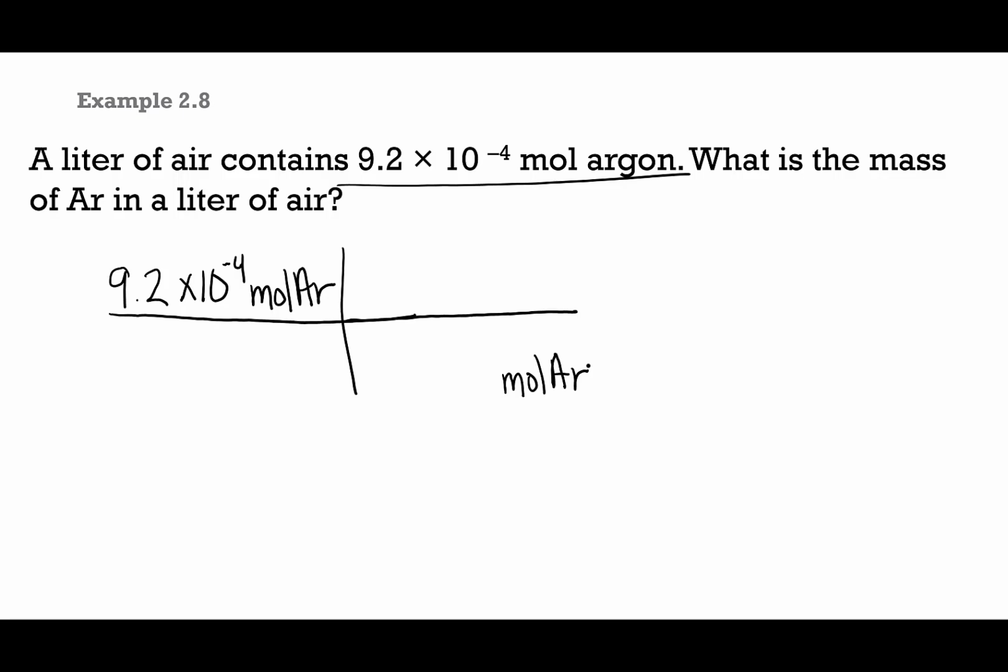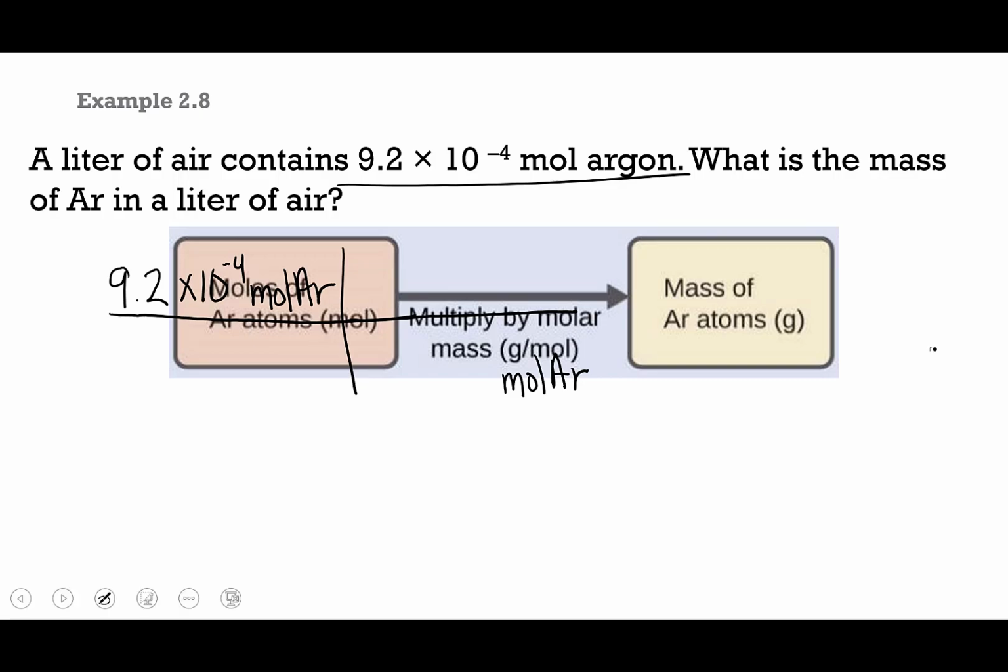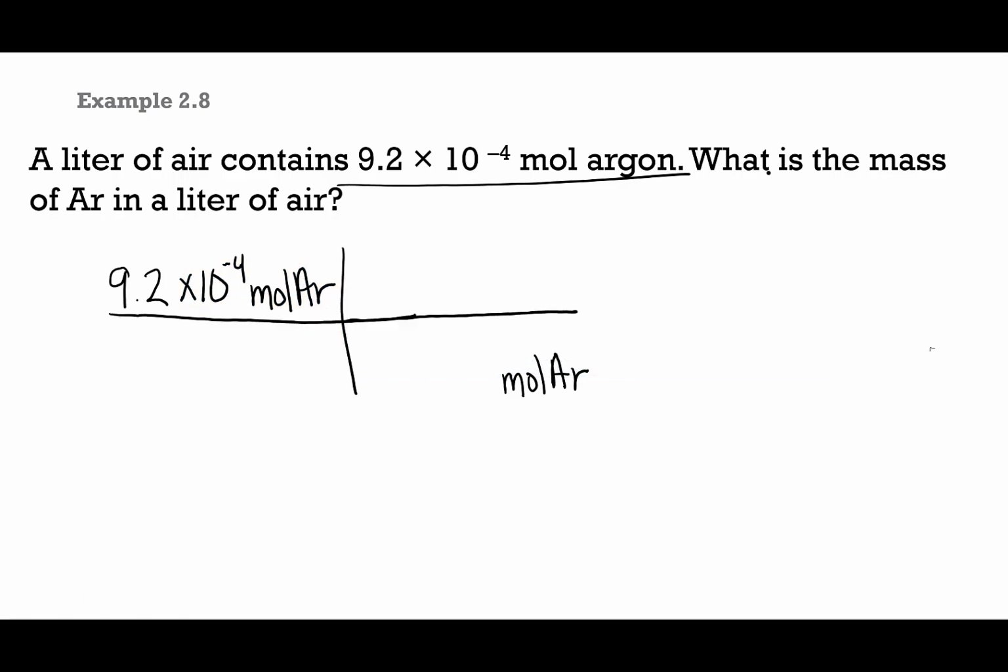We're dividing by it, cancels out the unit. Pick my head up and look. What is my destination? What is it asking for? What is the mass? So mass is always going to be grams. So we're looking for the grams of argon.